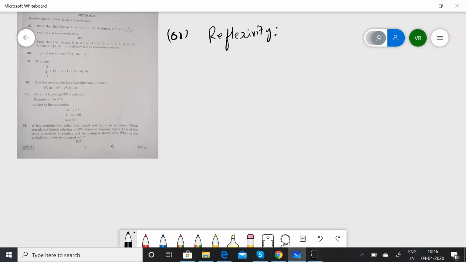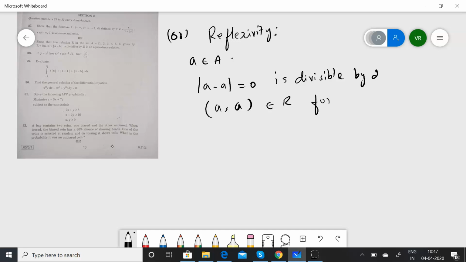For any value of a belonging to A, modulus of a minus a is equal to 0. This is divisible by 2. Hence (a, a) belongs to R for all a belongs to A. So R is reflexive.